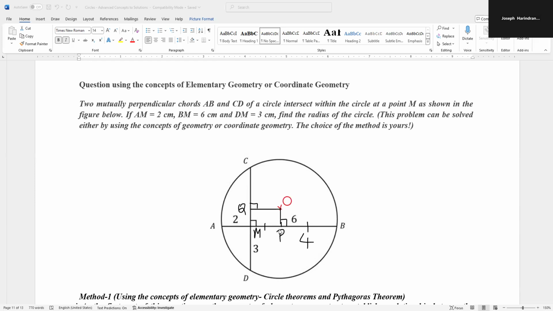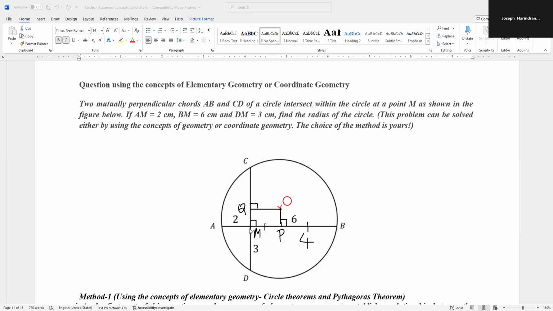So we know that P and Q are the midpoints of the chords AB and CD respectively. So AP is equal to PB, which is 4 units, because the entire length of AB is 6 plus 2, 8, and half of it is this one.